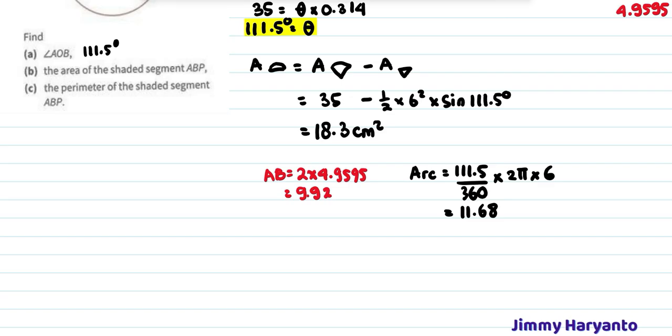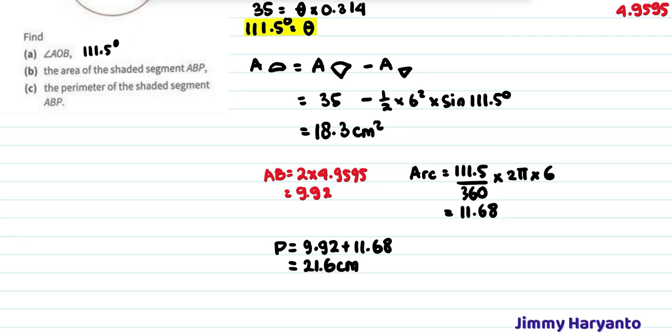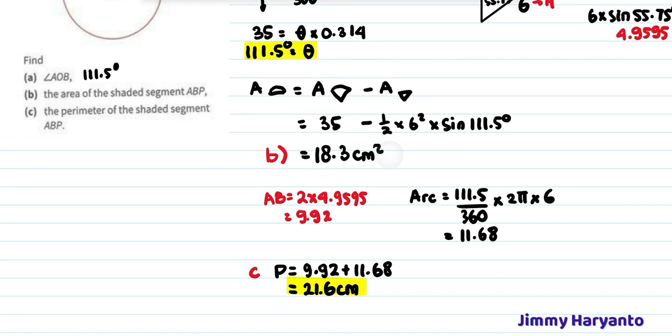To find the perimeter, you only have to add them together: 9.92 plus 11.68 equals 21.6 centimeters. So this is the answer for C. This is the C, this is the B, and this one is the A.